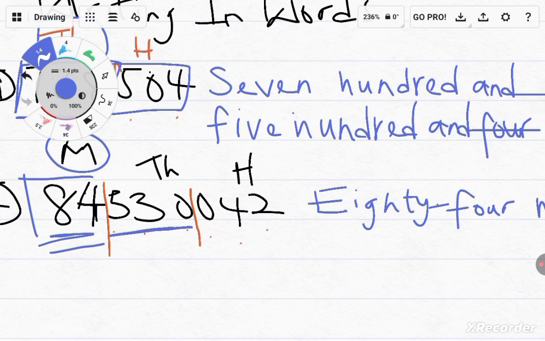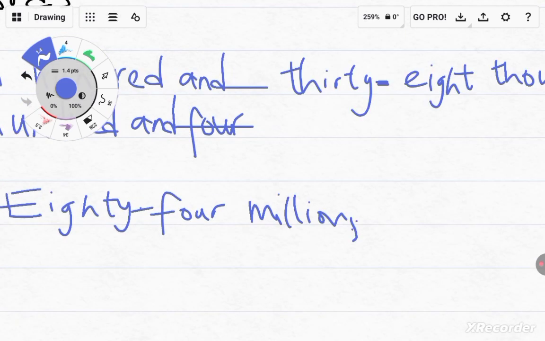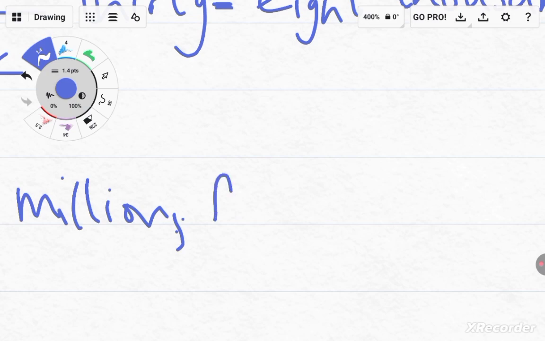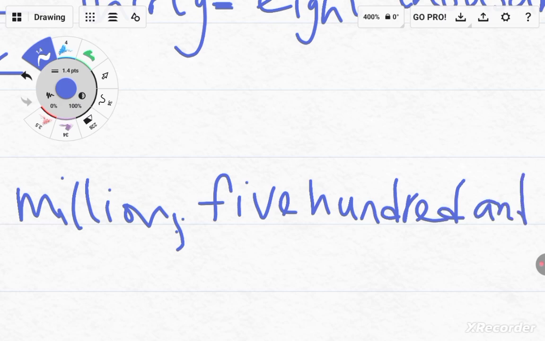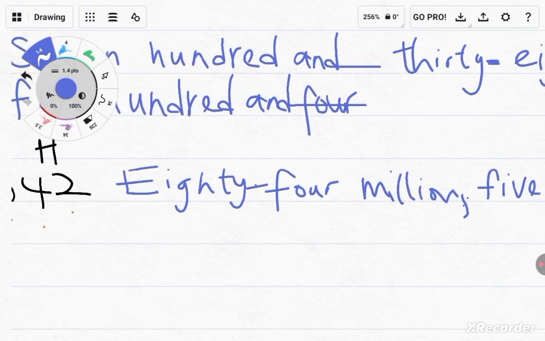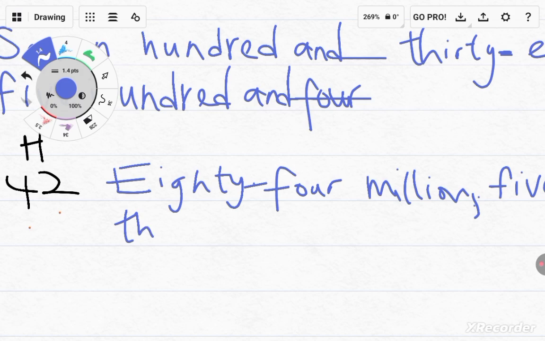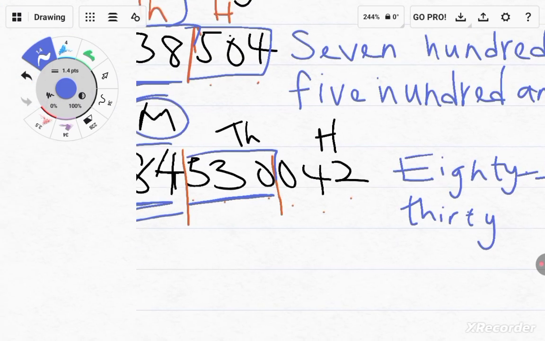In the next group, we have three numbers: 530. Why would we write 530? The 0 is not at the beginning. So 530 will be what? 500 and 30. You come and check what is the name of the group.